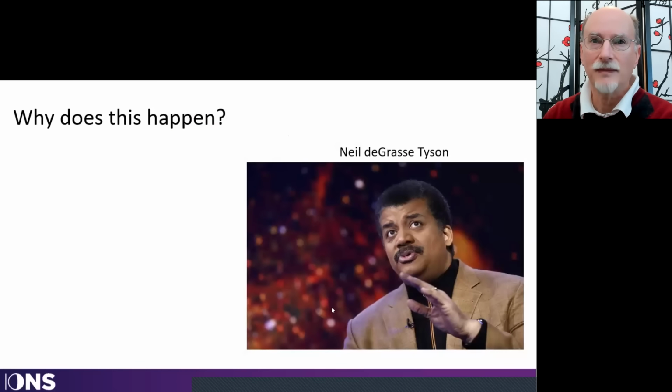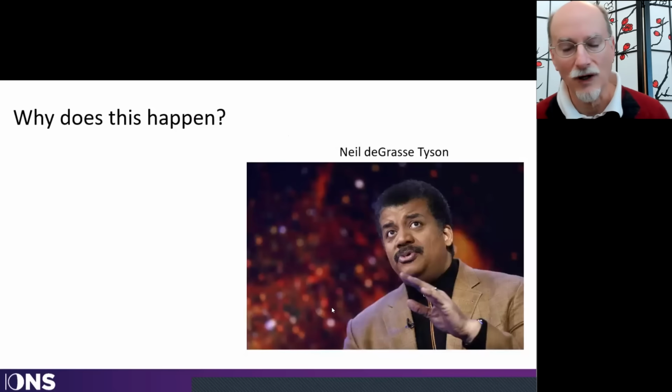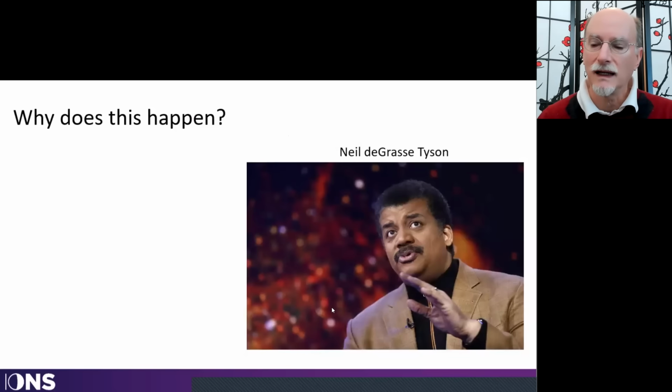So why does this happen? Well, let's turn to Neil deGrasse Tyson, who's a well-known science spokesperson. I'm going to do this for several other people like Neil, to first go through what contemporary physics has to say about why there is this quantum observer effect.